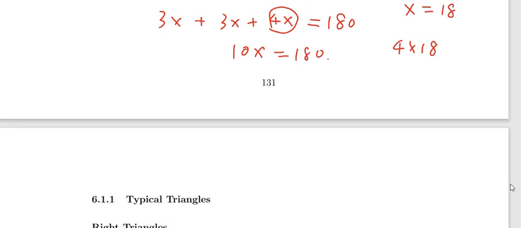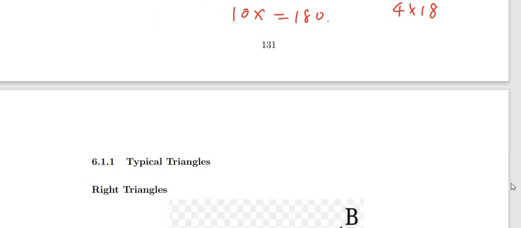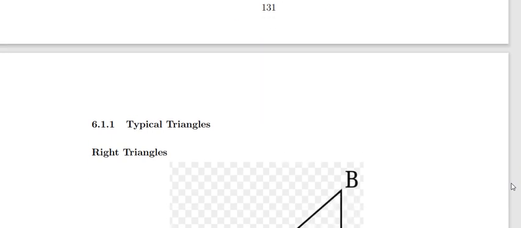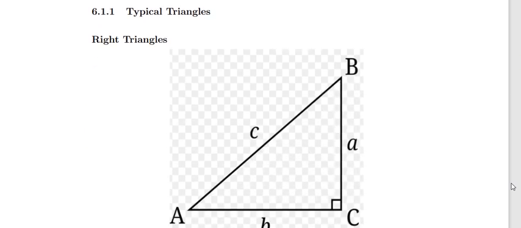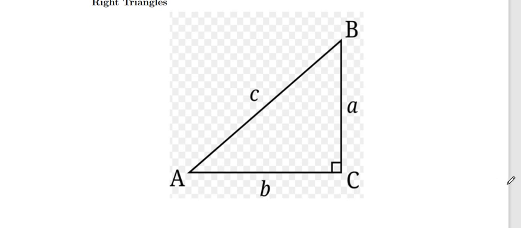So for triangles, we check some simple, typical triangles. One of the typical triangles is the right triangle. In a right triangle, one angle is 90 degrees, a right angle. Sometimes we write this as right triangle ABC.